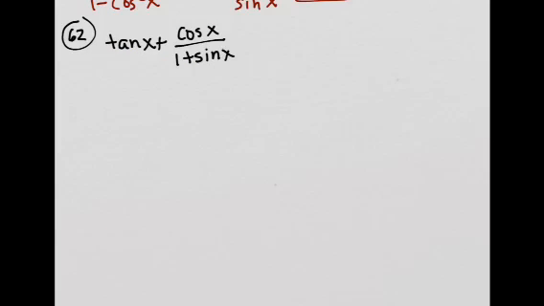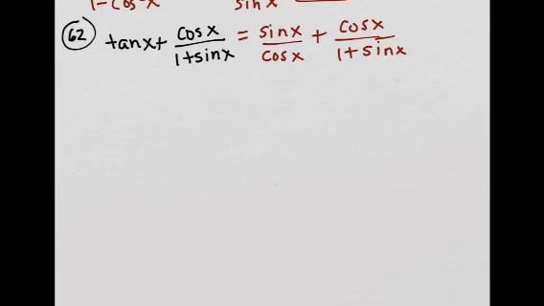Alright, for 62, the first thing I'm going to do is change the tangent to sine over cosine. That way I have two fractions, because I'm going to be adding them together. So I'll put cosine x. The least common denominator, the LCD, is this times this.